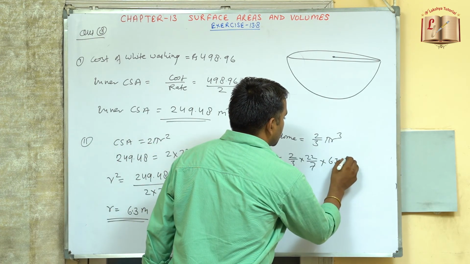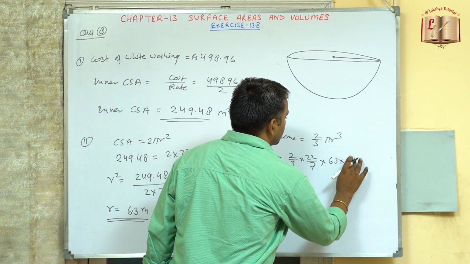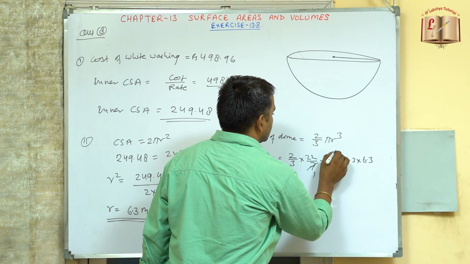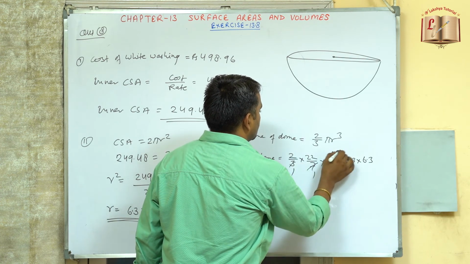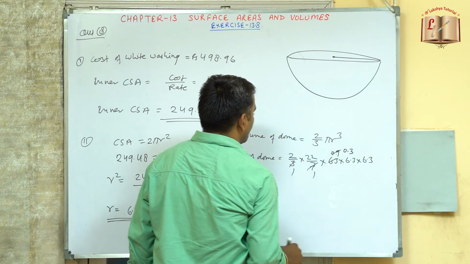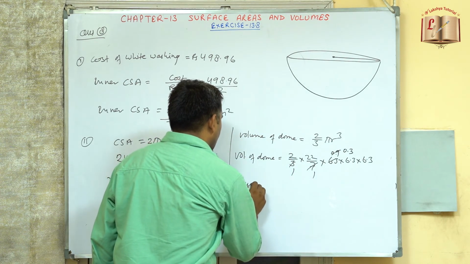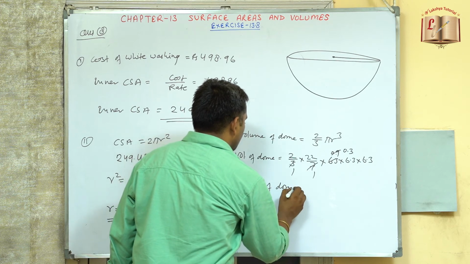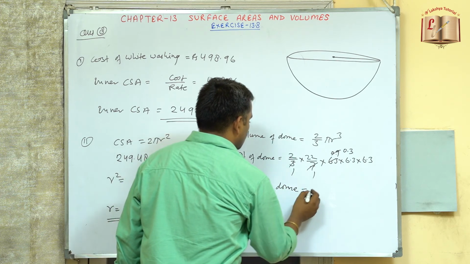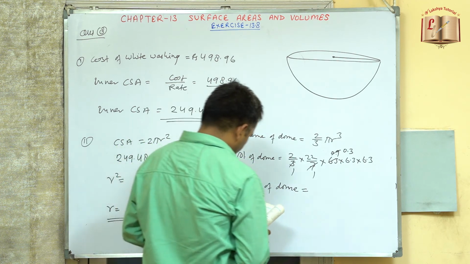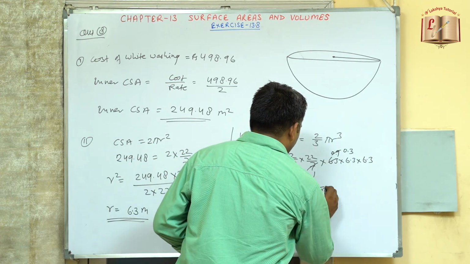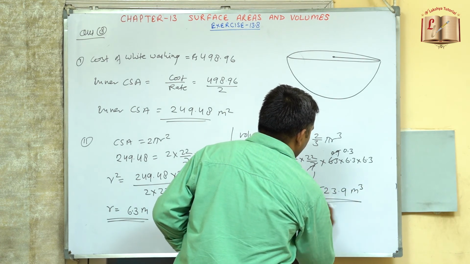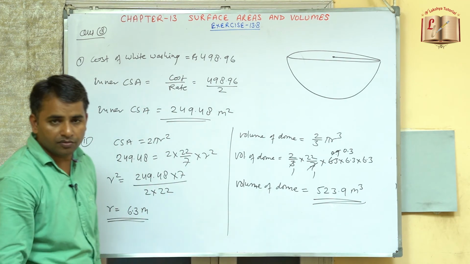So this is 6.3 into 6.3 into 6.3. On calculation we got the volume of the dome as 523.9 meter cube. So this is the volume of the dome.